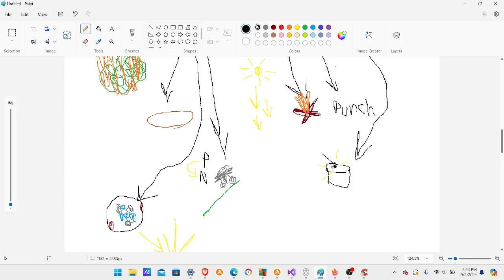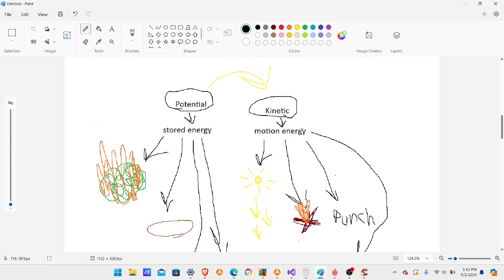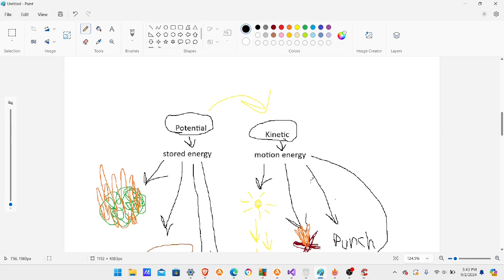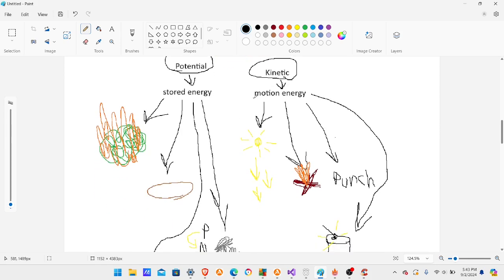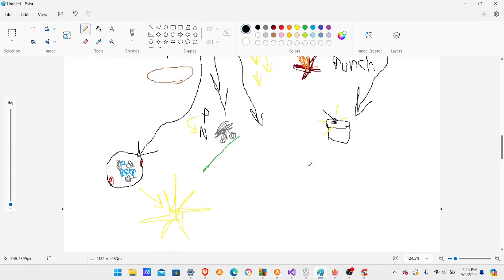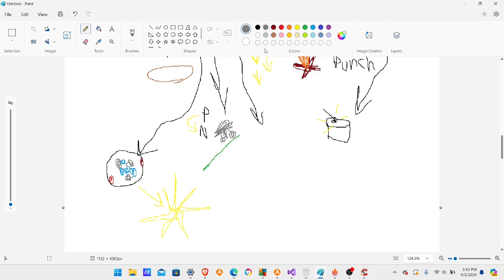And then we have the last form of kinetic energy, the last form of motion energy, and that would be electrical energy.